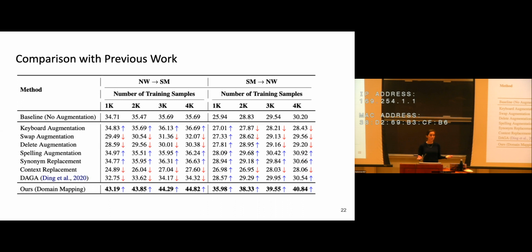So one thing that is different is you can do data augmentation but stay within the same domain, but we're moving across domains here as well, where we go from newswire to social media to newswire. So here are the comparisons with very recent work, the simple transformations, and the baseline where you do no augmentation. Overall, you can see that our approach is giving better results than state-of-the-art, and better results than the simple transformations.